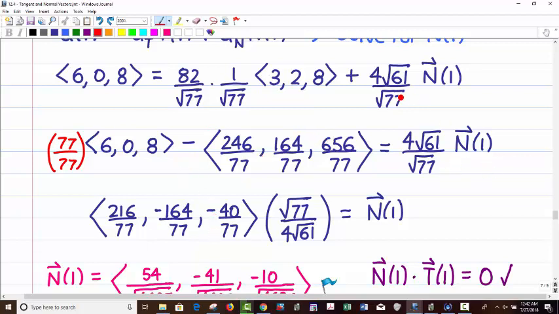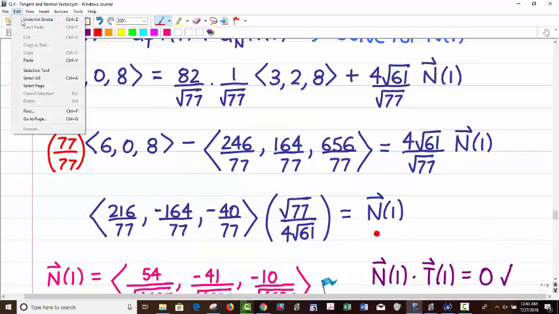Now, this is your AN right here. So obviously, now that's not a vector, that's just a scalar multiple. So to get rid of it, where we have n of 1, just multiply by the reciprocal, just like you would for any fraction. So I flip it over, multiply this by the reciprocal, and technically that's the answer right there where the n1 is.